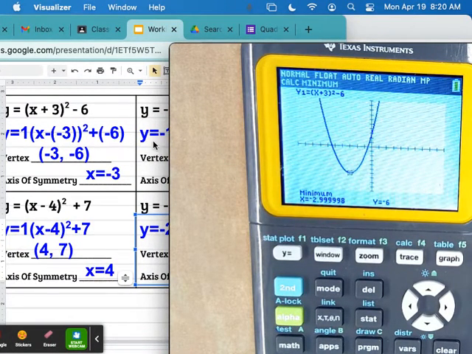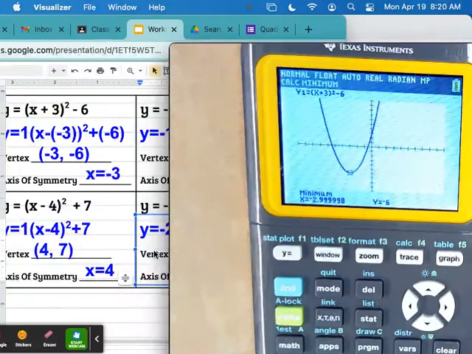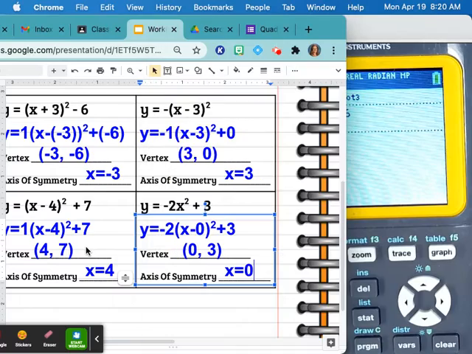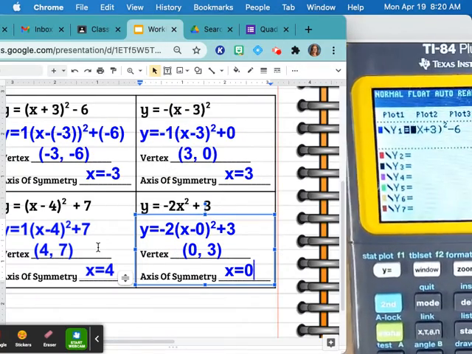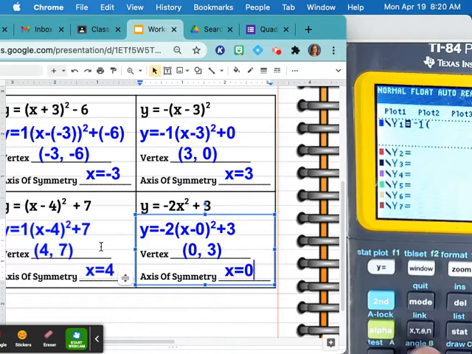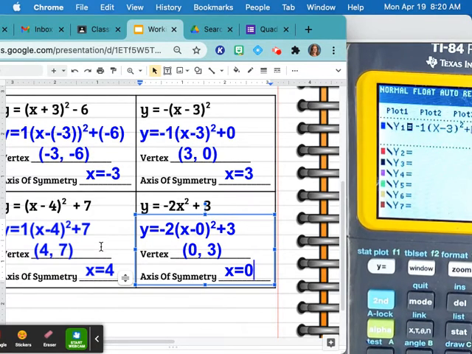Okay, so I want you to go through and do these just like that, because I want you to practice finding your vertex. Actually, I'm going to put in the original, so negative parentheses x minus 3 squared.